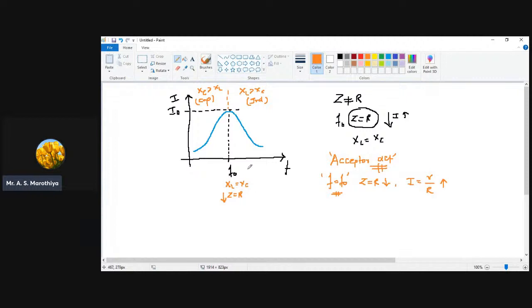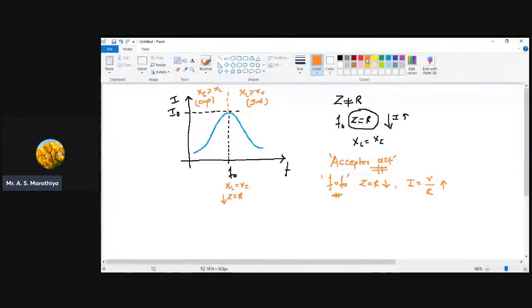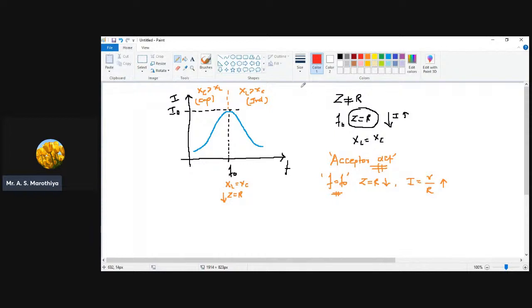Now let us try to discuss the concept of half power frequency. Suppose you plot a line corresponding to the value of current as I naught by root 2. So it is 1 by root 2, which is equal to 0.7071 times I naught.